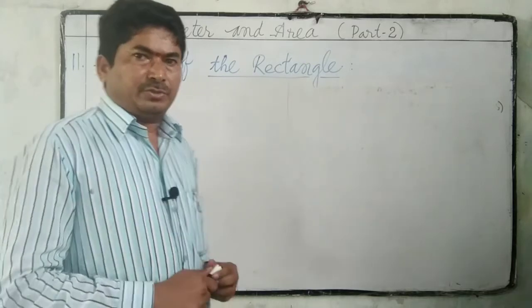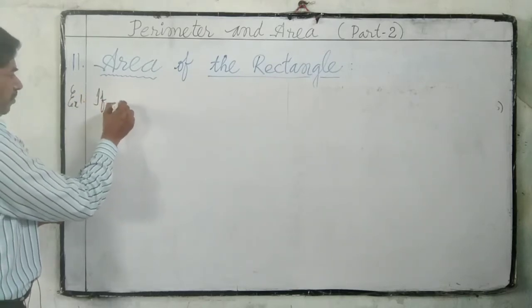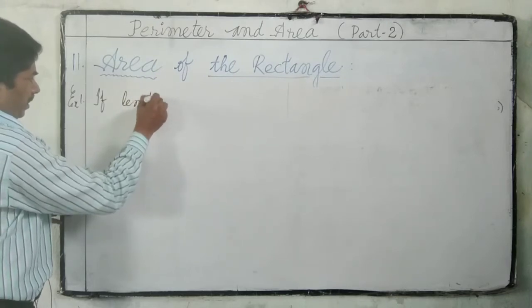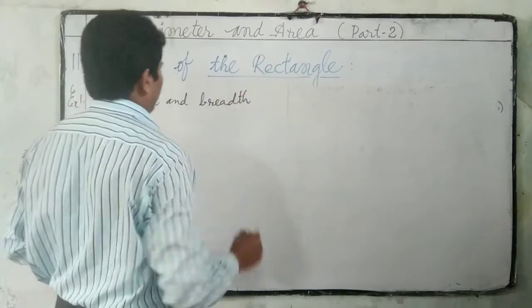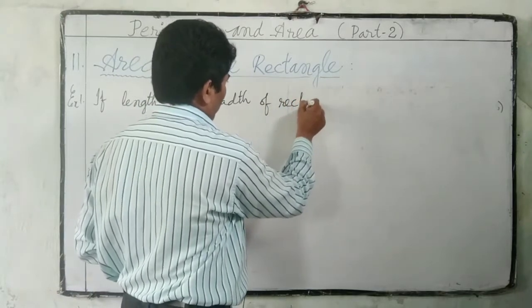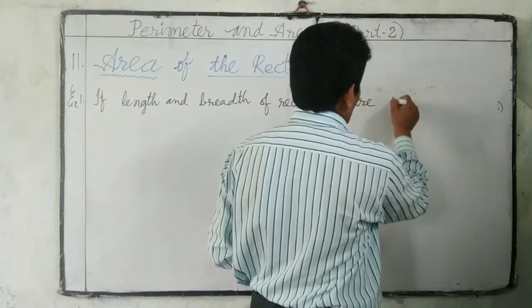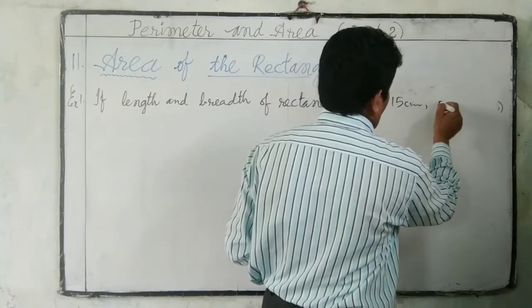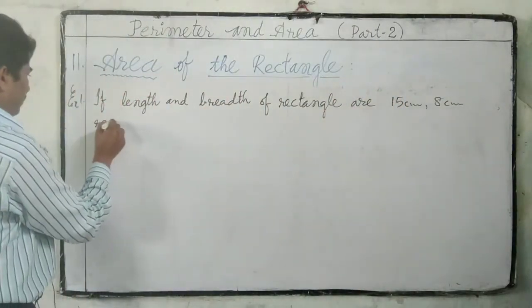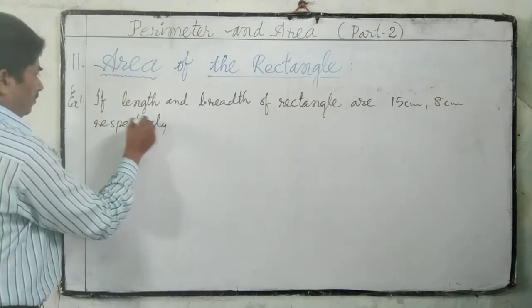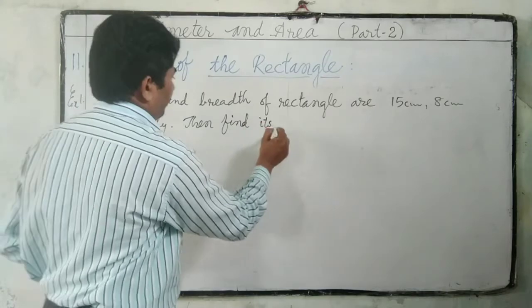Let us see a few examples. If length and breadth of a rectangle are 15 centimeters and 8 centimeters respectively, then find its area.